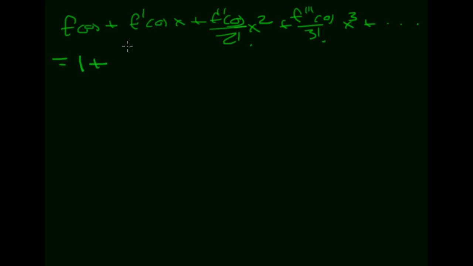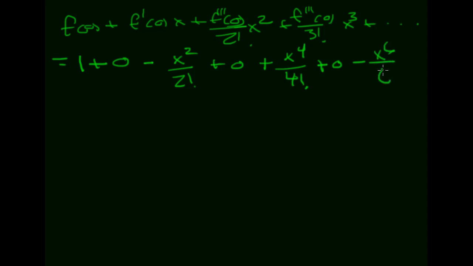F prime of 0 was 0. F double prime is -1, so it's going to be negative x squared over 2 factorial, plus 0, and then we get the positive x to the 4th over 4 factorial, and then we add another 0, minus x to the 6th over 6 factorial, and this keeps going.